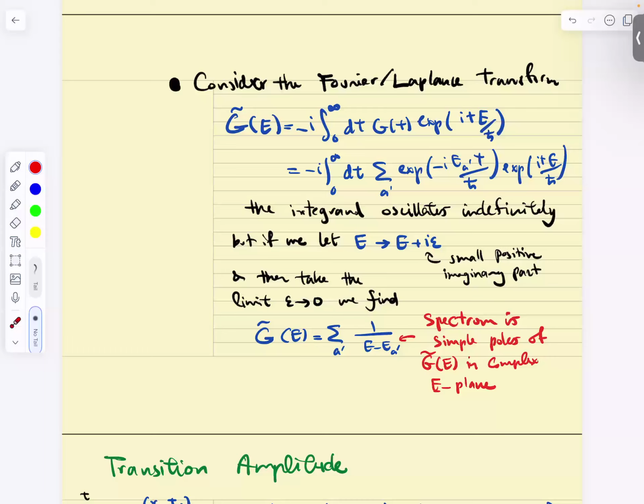As a function of E, energy eigenvalues appear as its poles, where it blows up, right? So the knowledge of energy eigenvalues could be compactly represented as the knowledge of this function. The spectrum of this function knows about the energy eigenvalues.